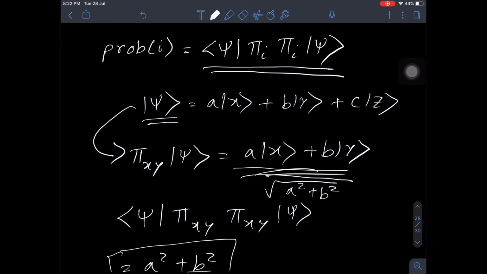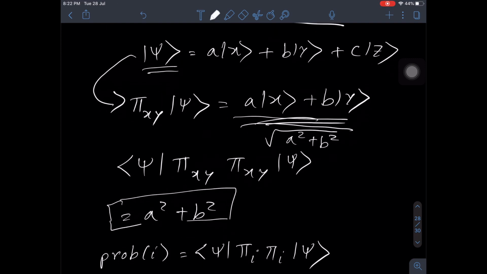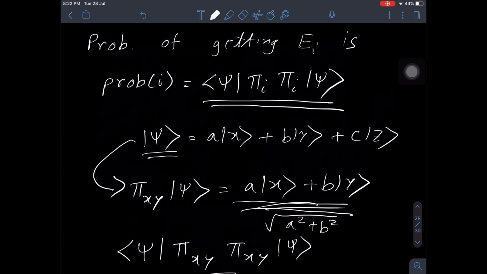So you can decompose it into one-dimensional subspaces and calculate their probabilities. What I mean by that is that the probability of getting x is a square, the probability of getting y is b square. So the probability of getting into the xy plane is a square plus b square. So they are additive. So from complete measurement, you can trace back to incomplete measurement. The probabilities.